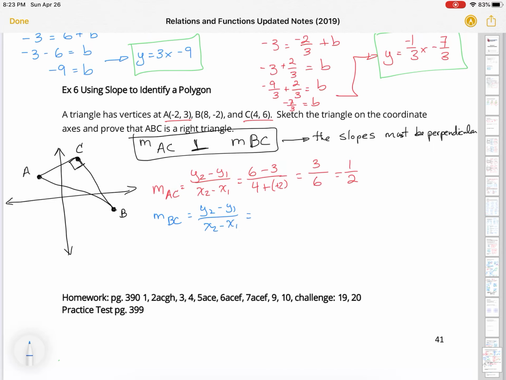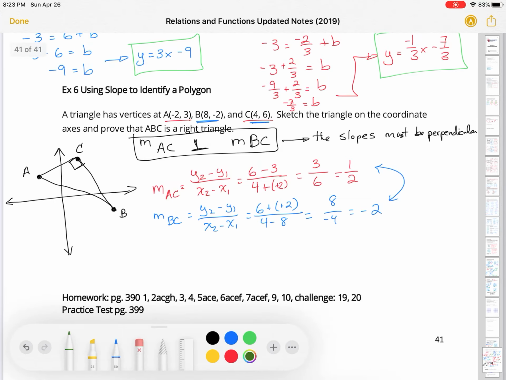Y2 minus y1 over x2 minus x1, which is equal to, so we're using B and C. So we're going to go 6 minus a negative 2 all over 4 minus 8, which would give us 6 minus a negative 2 would be plus a positive, so that'd be 8. 4 minus 8 would be negative 4, so this will give us a negative 2, and we can see we do have the negative reciprocal.